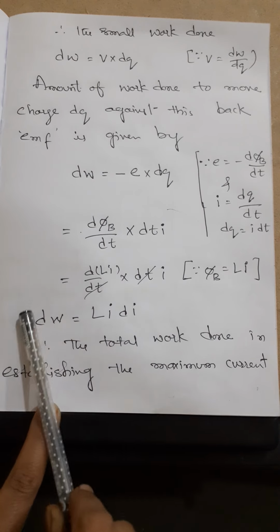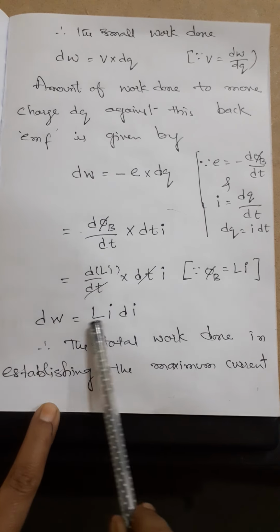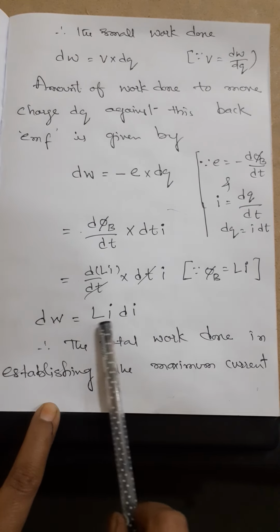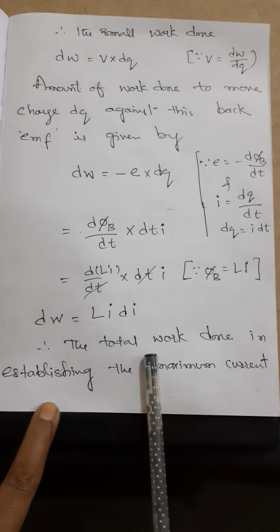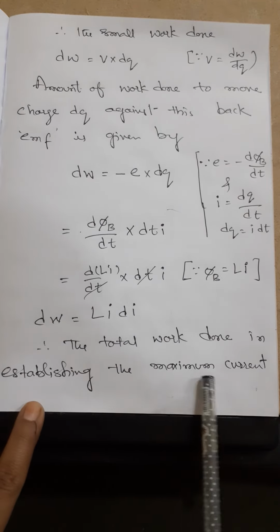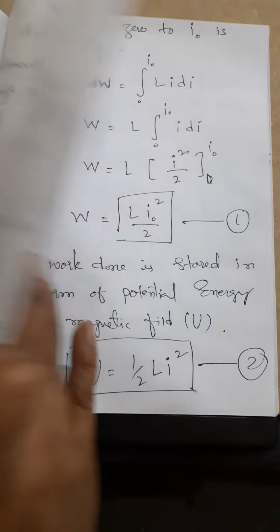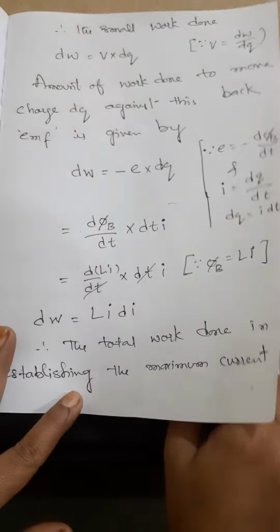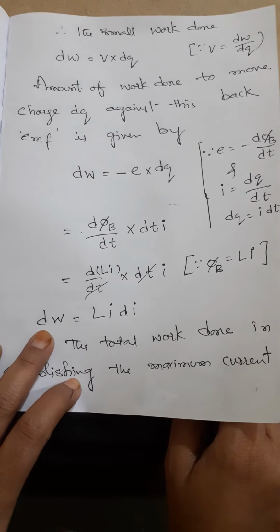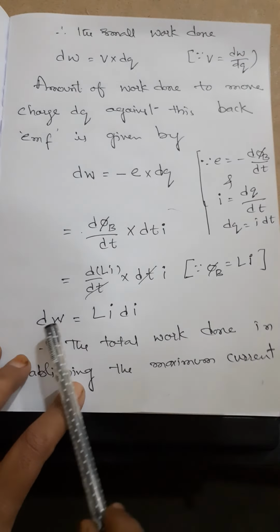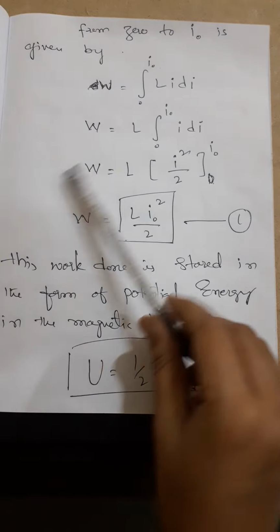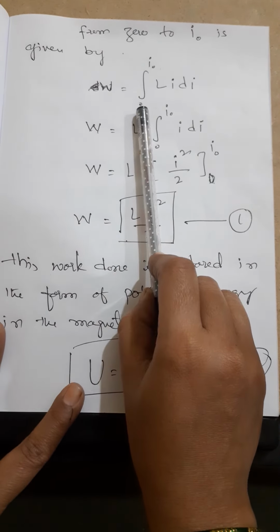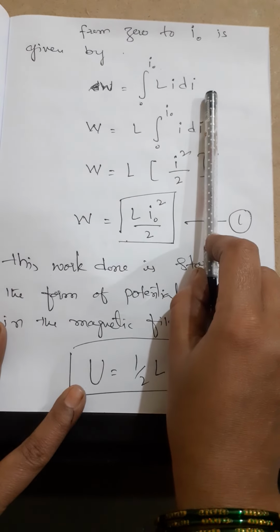Now this is the small work done by the AC current against the back EMF. Now the total work done in establishing the maximum current from 0 to I naught is found by integrating this dW equation. Then W is equal to the integral from 0 to I naught of LI dI.